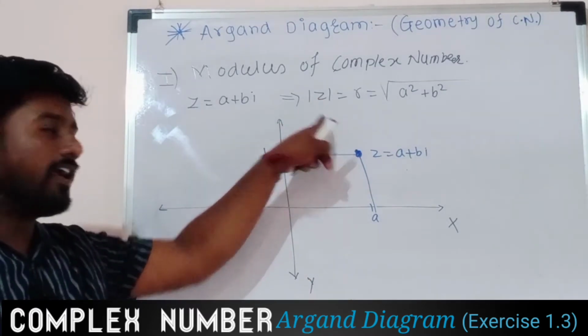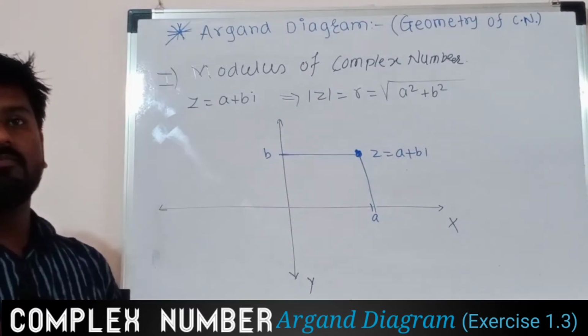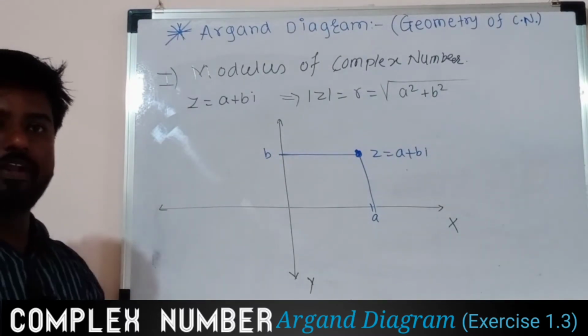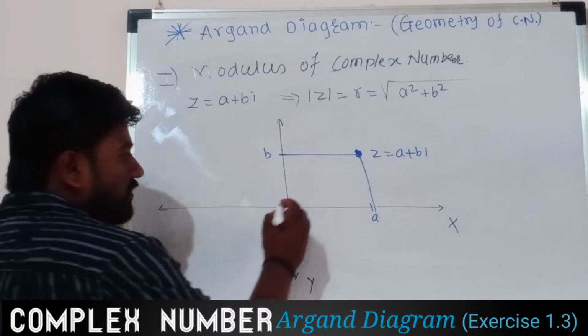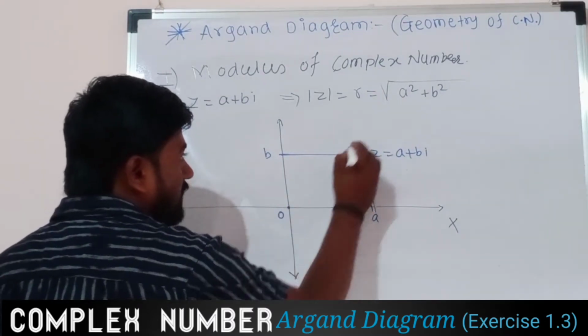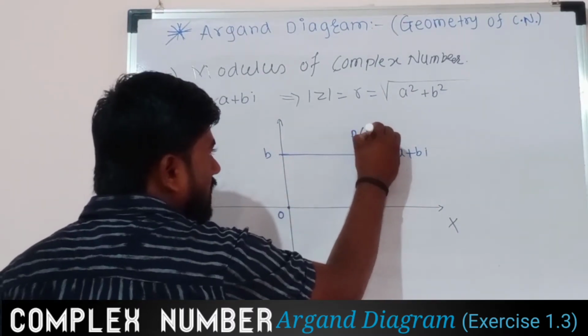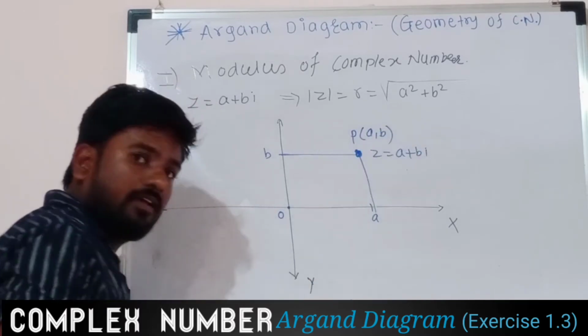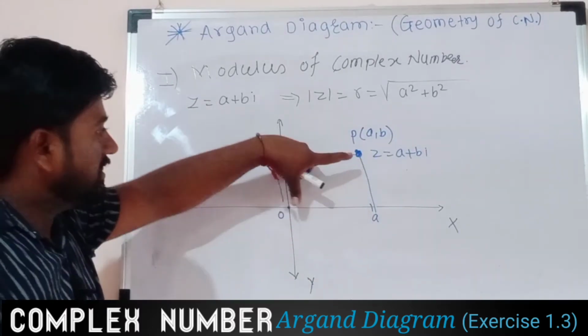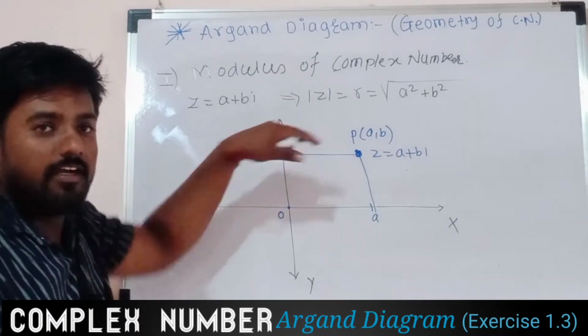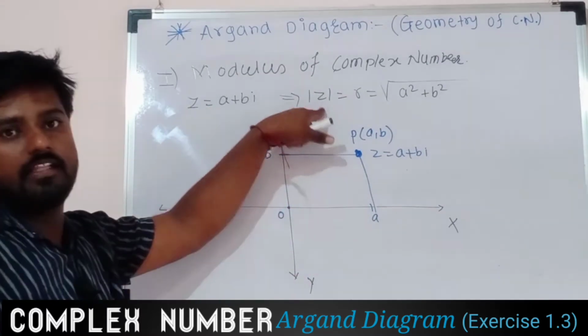Mod z is nothing but the distance from the origin to the corresponding point, right students? Suppose this is the origin O and this is the point P, (a, b). So from O to P, this length is mod z, that is the modulus of this complex number.